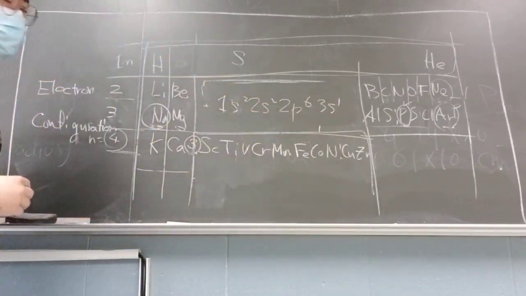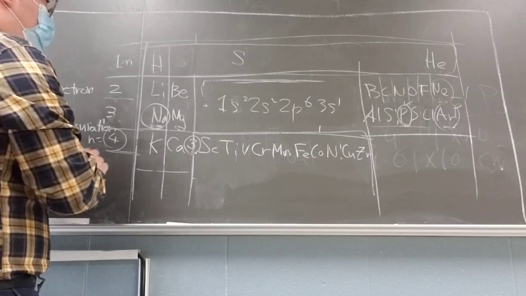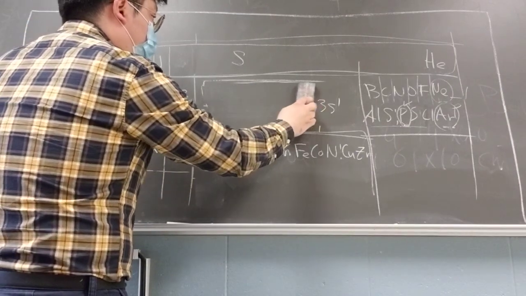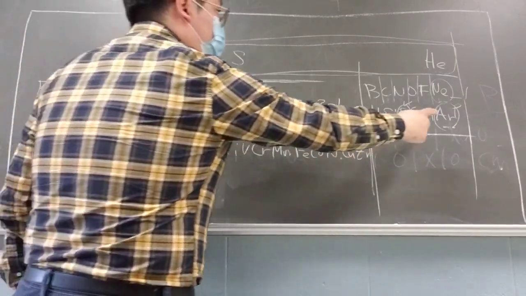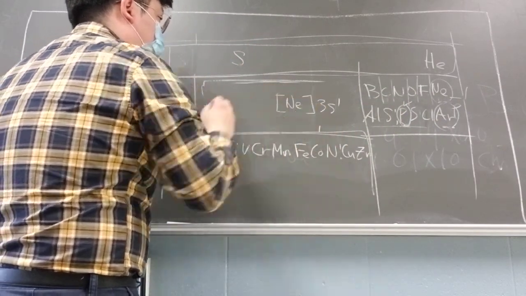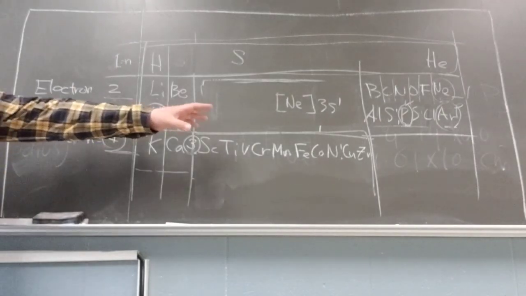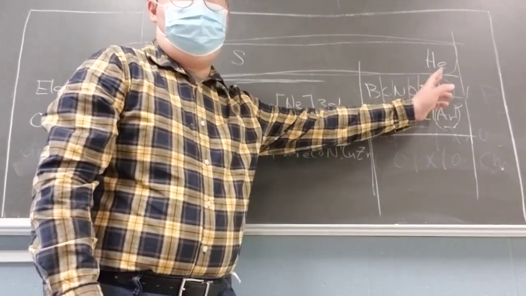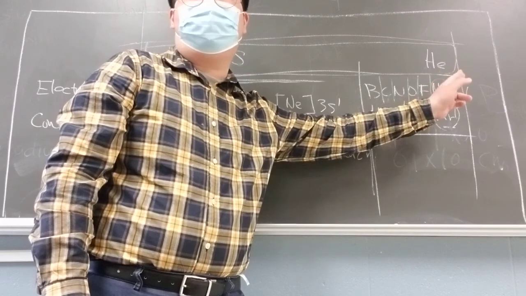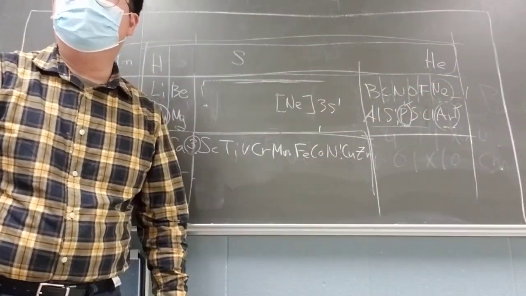So this is the long version of the electron configuration for sodium, but you can also abbreviate it up to neon, because neon has all that 1s2, 2s2, 2p6 here, in the bracket.